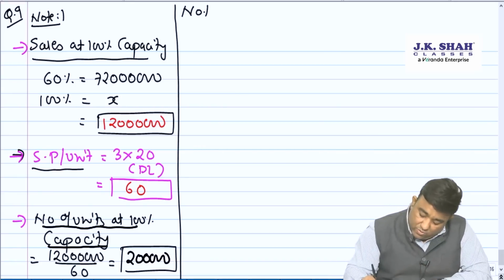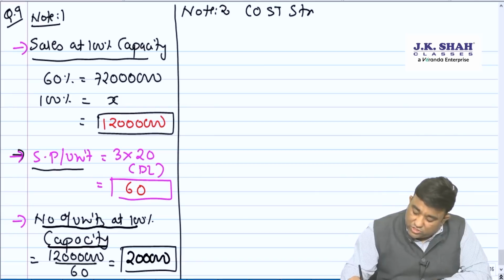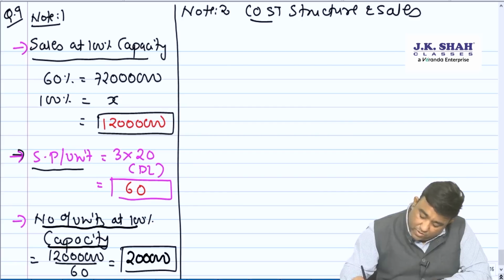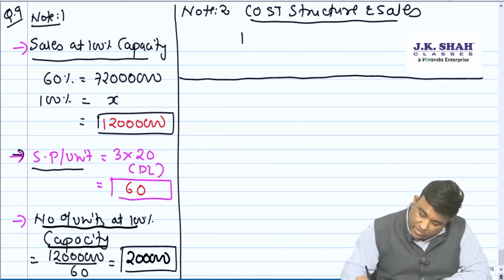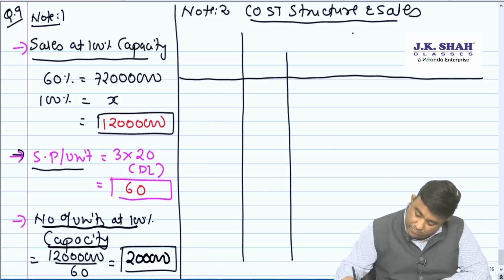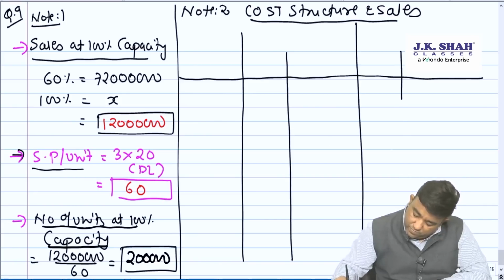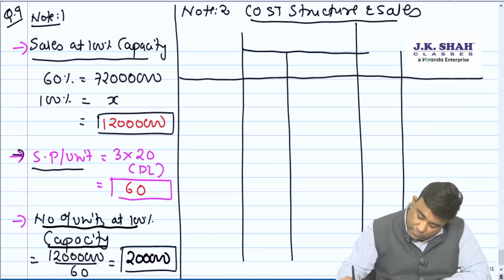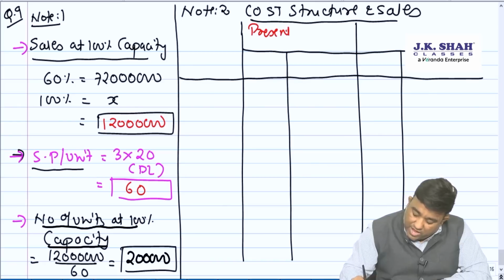Now I'm going towards note 2, which is obviously your cost structure and sales. Mind well. Student, I am going to target present and proposed both. At present, how many units are there?